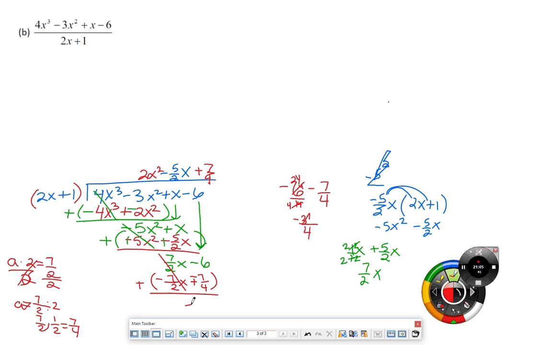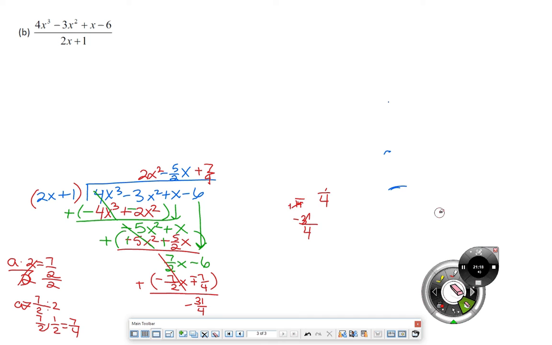So now how to write our answer. So we've already talked a little bit about it. So we're going to have 2x squared minus 5 over 2x plus 7 over 4. And then we have this remainder of negative 31/4.